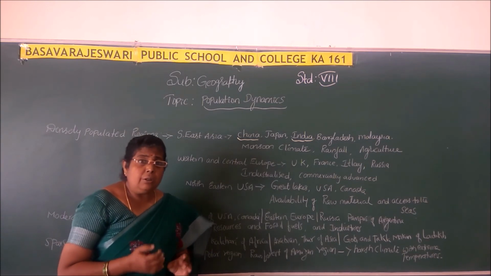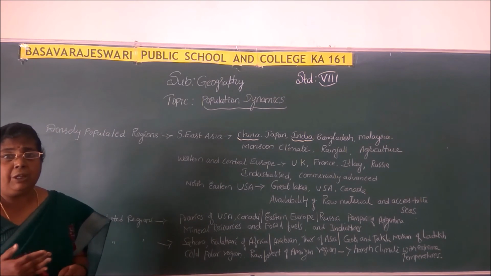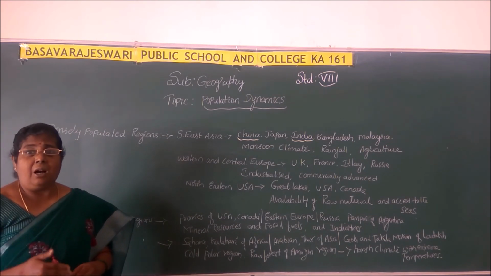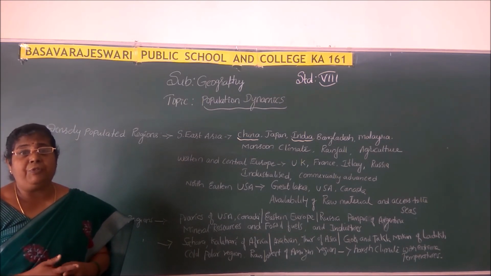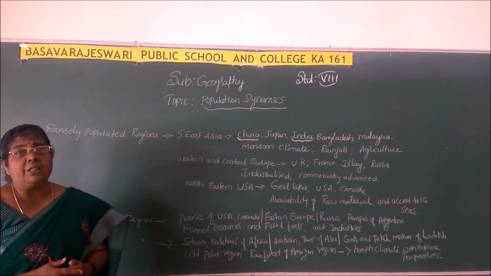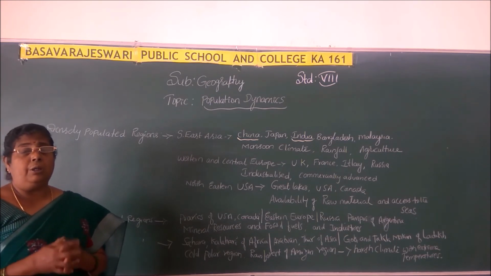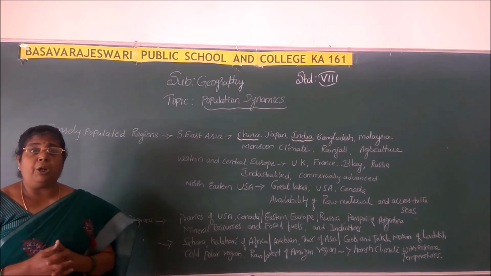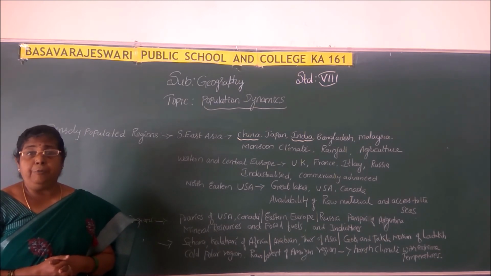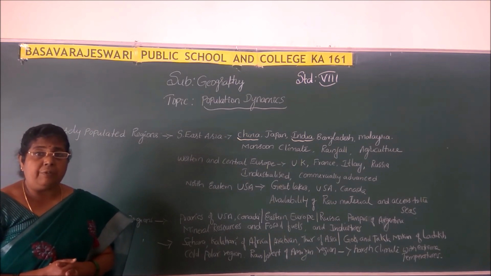If it is very far below 0°C, it is very difficult to survive, and if it is more than 45 to 50°C, it is also very difficult to live. In such temperatures, like the cold polar regions and the Amazon rainforests, it is very difficult to survive.